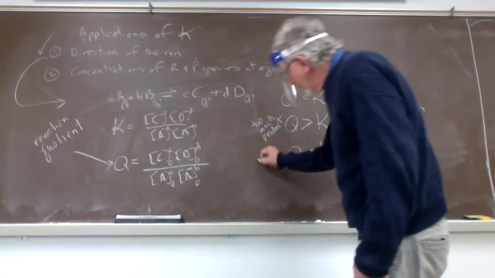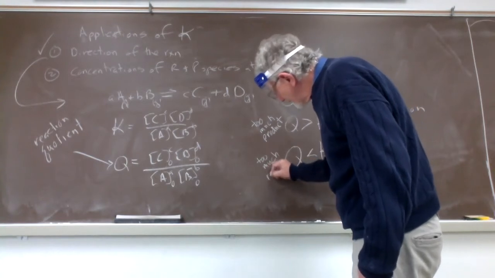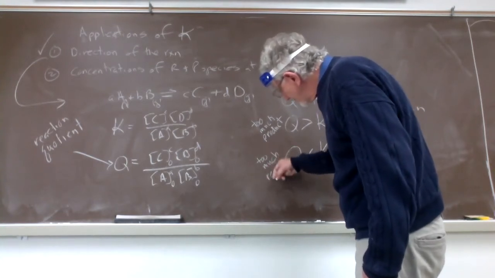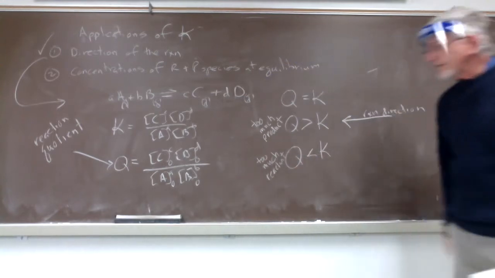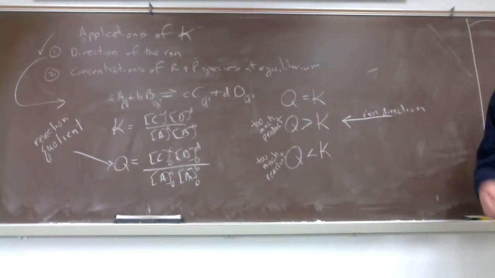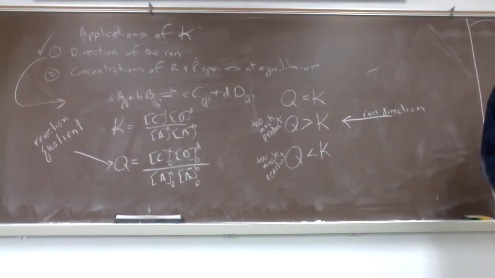But now we have too much reactant. If the Q is less than K, or you could say not enough product, right? It's the same thing. So which direction must the reaction run to get to equilibrium? This reaction quotient is less than the equilibrium constant value.